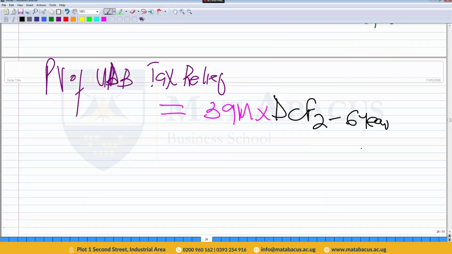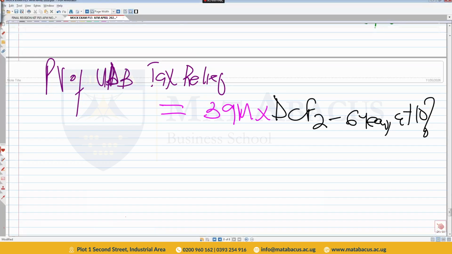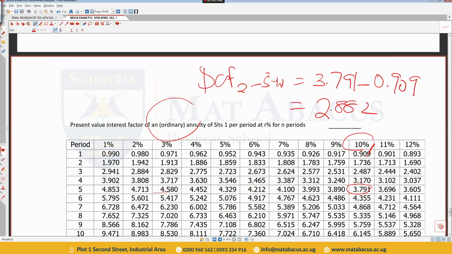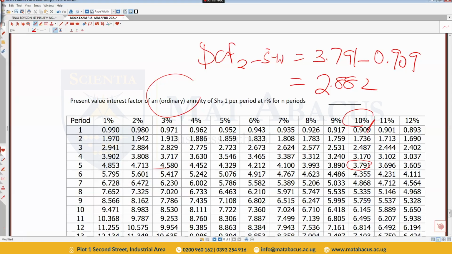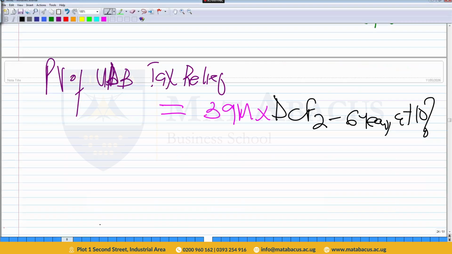And that means, at 10%, we use the risk-free rate. So when we go to our table, 10%, you will need to identify the figure for 4.355. You subtract off 0.909, and when you do that, you should be able to get a present value factor of 3.446.